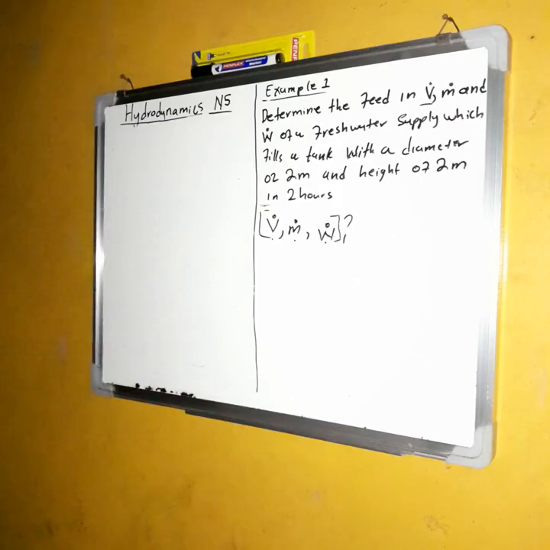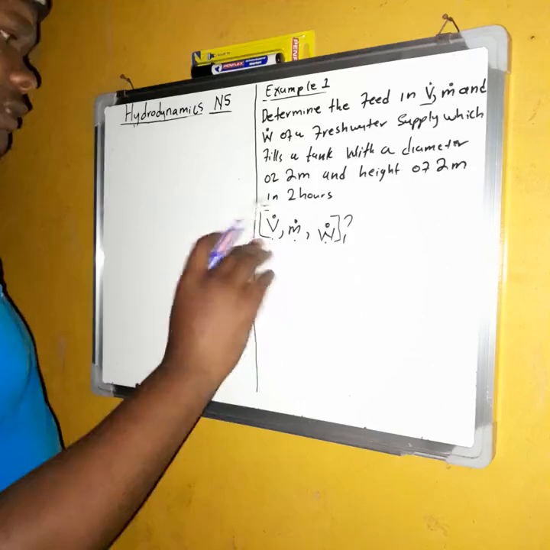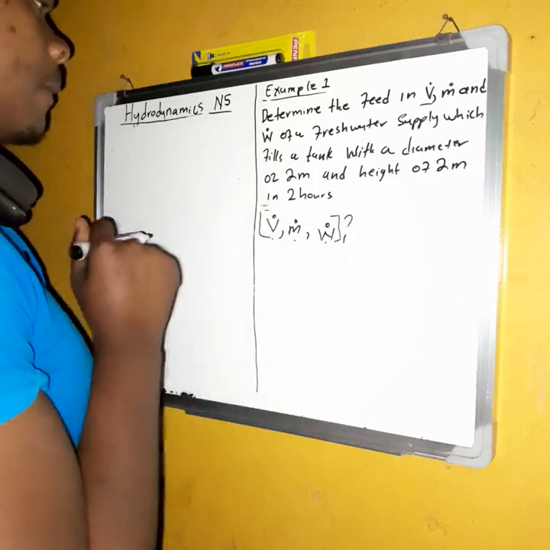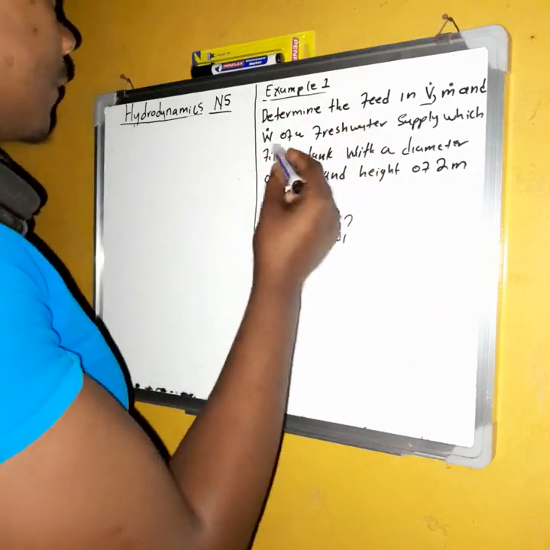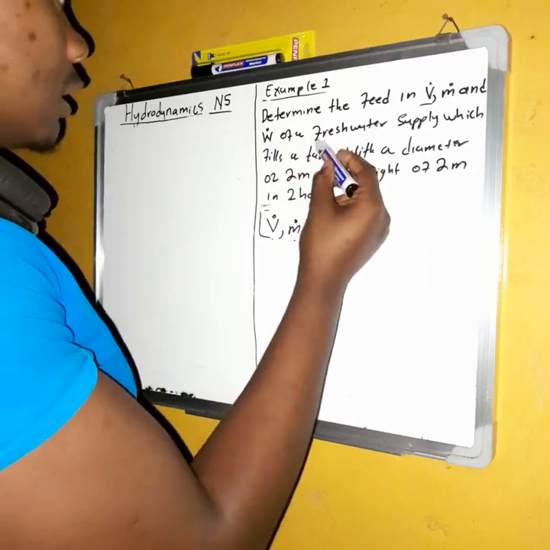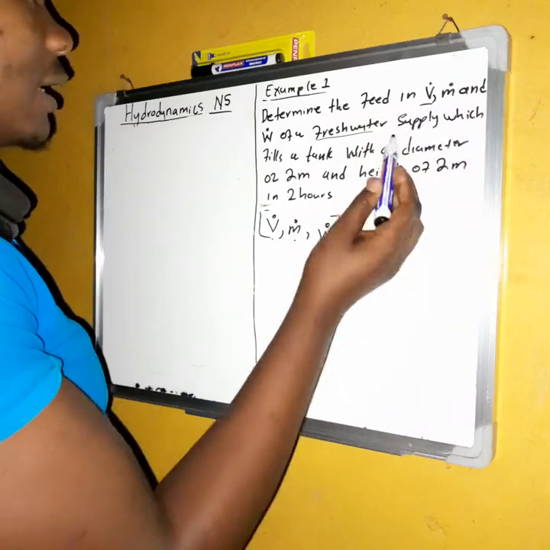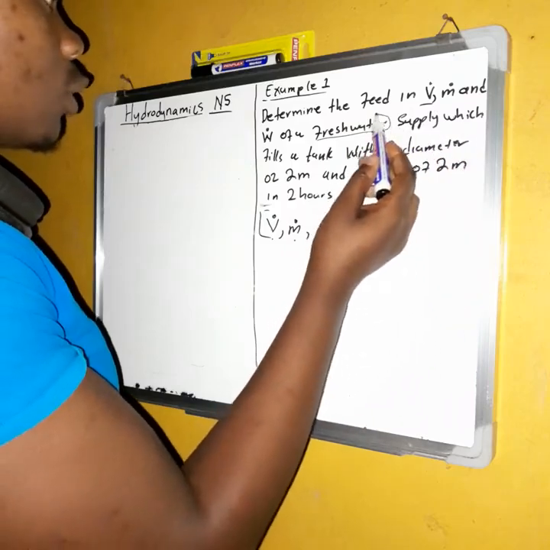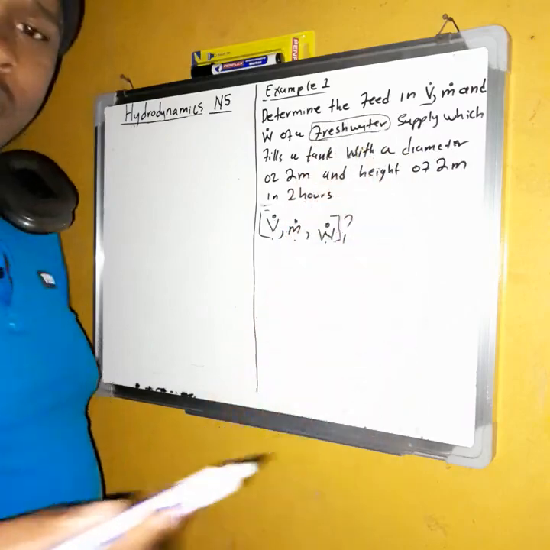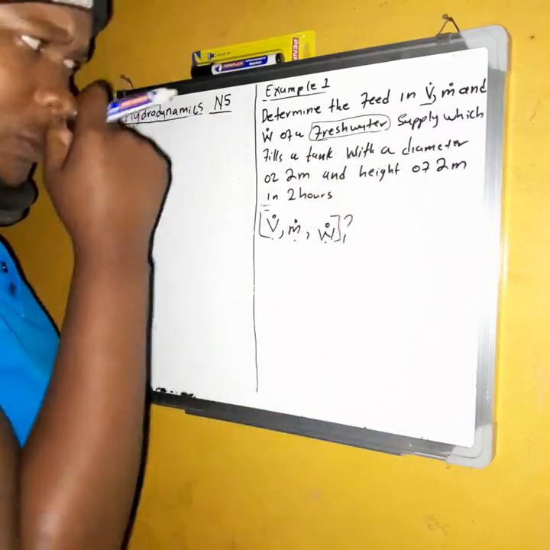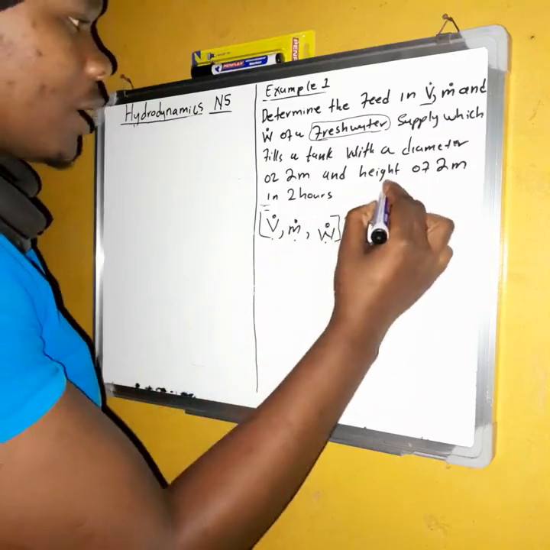Since you want this, let's read: fresh water. This is a fresh water supplied. If they give you water, this is fresh water. The moment you are dealing with fluid mechanics and you hear the word water, what comes to your mind?